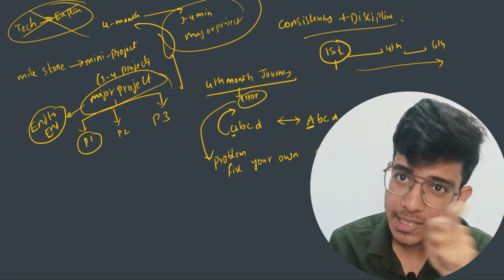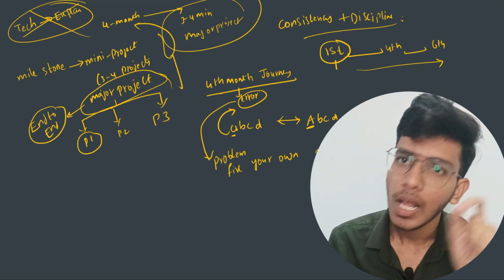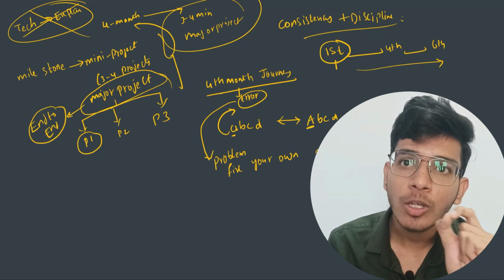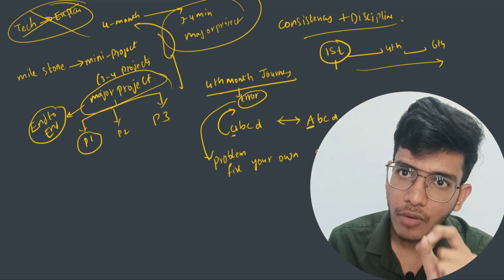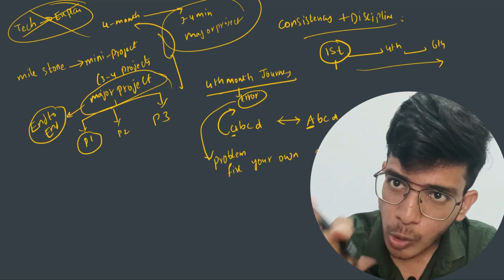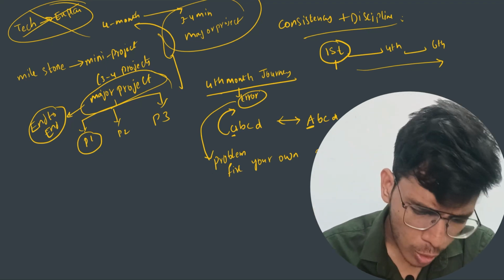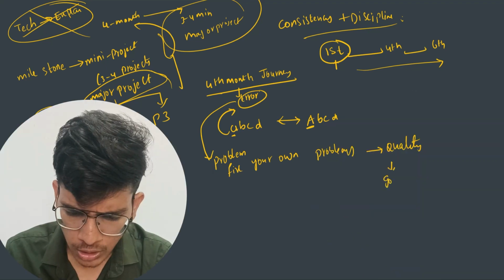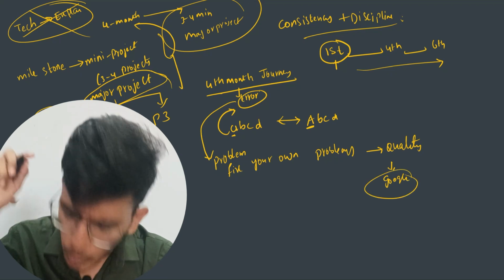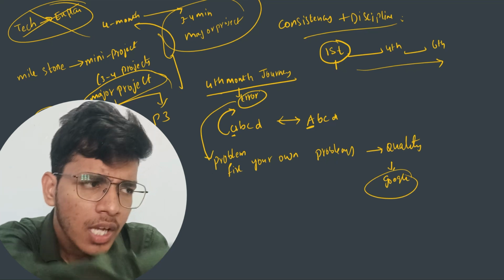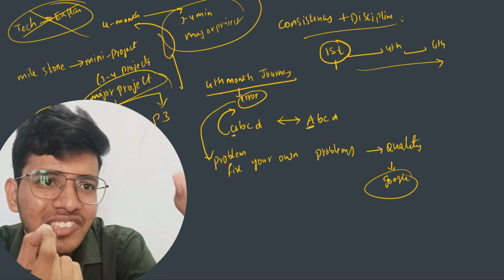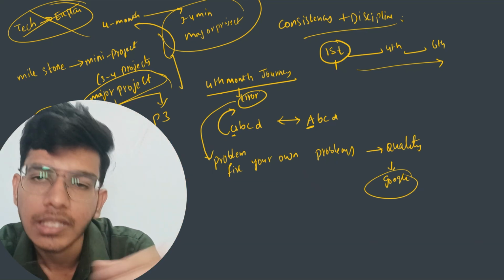What they will do is go on Google, search for it, and try to find the solution on their own. This is a quality of a good developer, and I want you guys to have that quality. Go on Google, type your problem, and try to understand: this is the problem I am having, and for that problem this is the solution, this is how I can fix it.